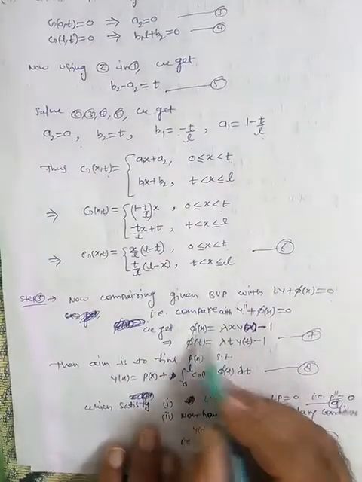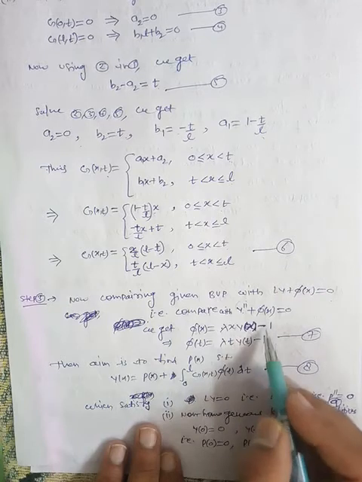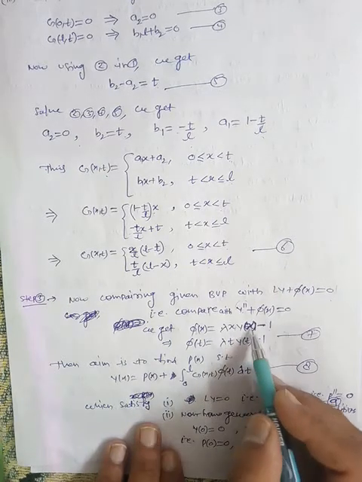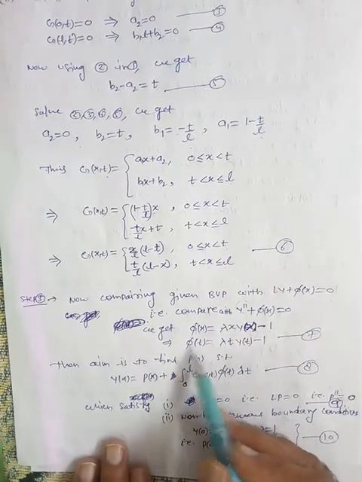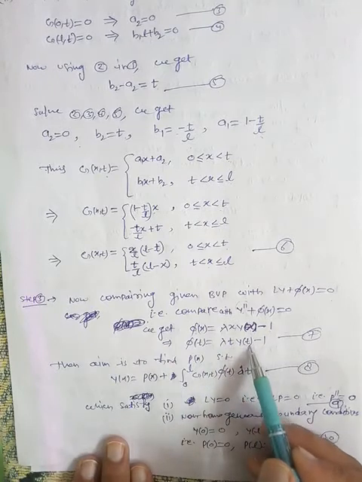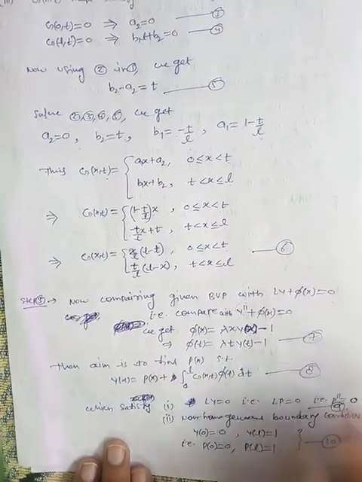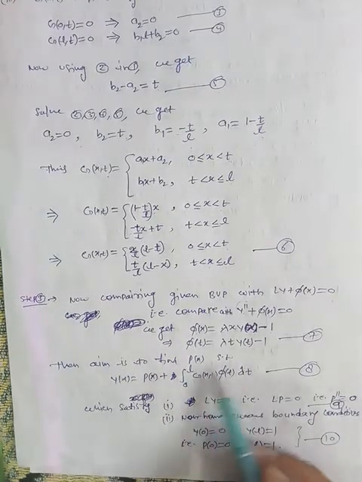So this is our phi(x). Phi(x) is lambda x y(x) minus 1, where y is a function of x. So phi(t) will be lambda t y(t) minus 1. This is our 7th equation.